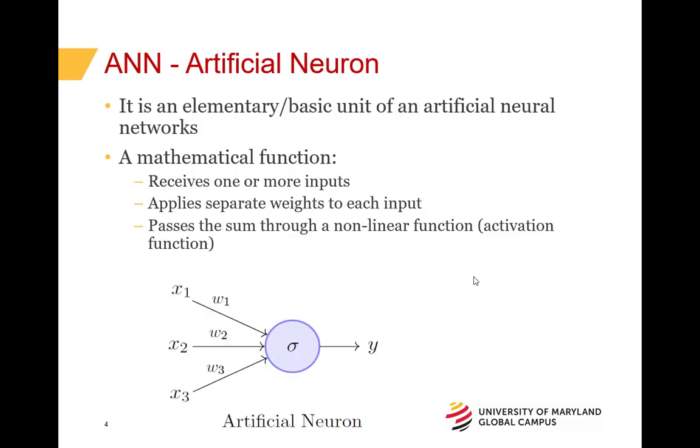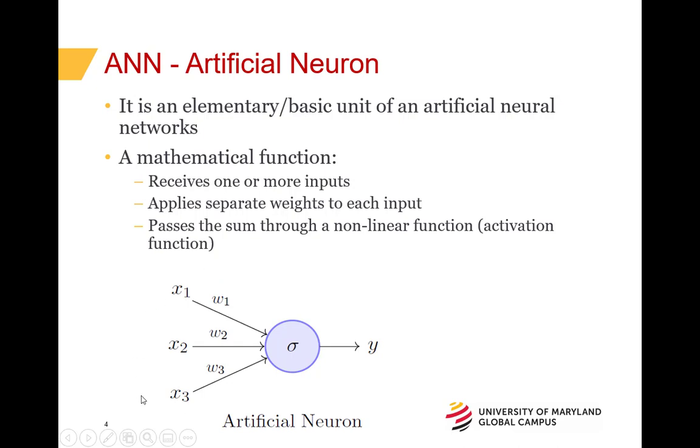Okay, so let's start with discussing neurons. Like we said, it is an elementary or basic unit of artificial neural networks. It's a mathematical function. So here, as you can see, there is one neuron, and this neuron takes three inputs, x1, x2, and x3.